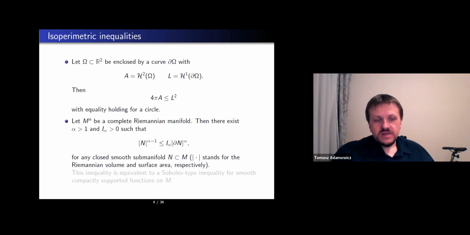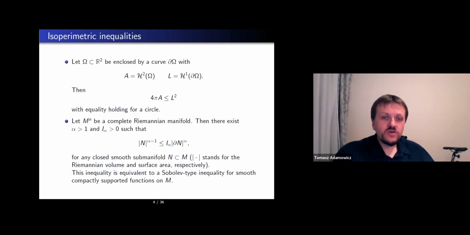Then there exists constant alpha bigger than 1 and a positive constant I alpha, so that the following inequality holds for any closed smooth submanifold N of M. On the left-hand side, we consider a volume of this manifold, and on the right-hand side, the surface area of the boundary of submanifold N. It's quite interesting that this inequality is equivalent to a Sobolev type inequality for smooth, compactly supported functions on manifold M.